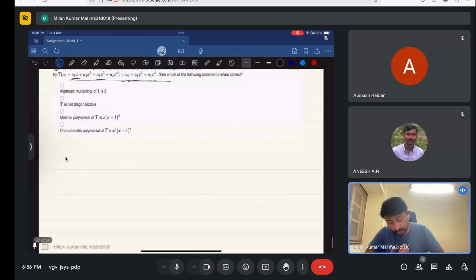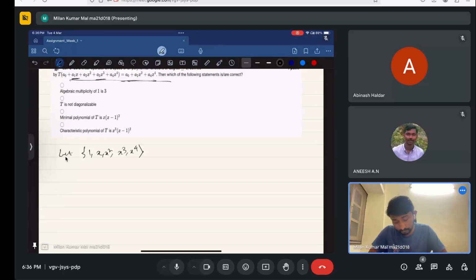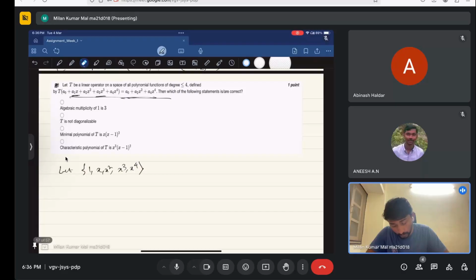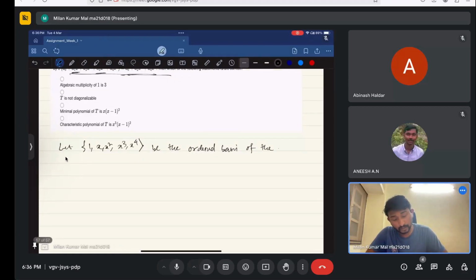So let's first consider the matrix representation. Let 1, x, x², x³ and x⁴ be the ordered basis, not orthonormal, sorry for the term, ordered basis of the space of all polynomials of degree less than or equal to 4. Then T(1) = 1, T(x) = 0, T(x²) = 1, T(x³) = 0, and T(x⁴) = 1.